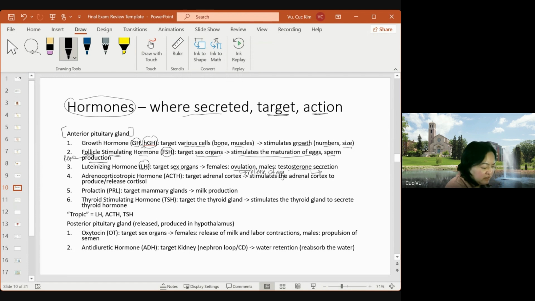And where's testosterone produced? There's a few ways you can answer this. You can answer it broadly, the testes. Or you can answer it more specifically, what cell in the testes?